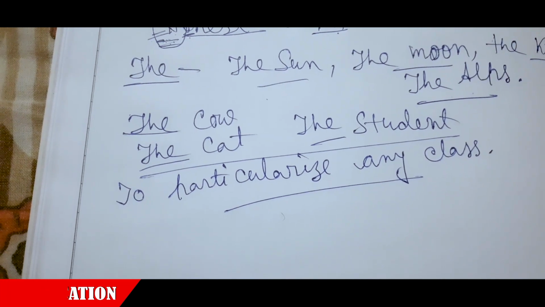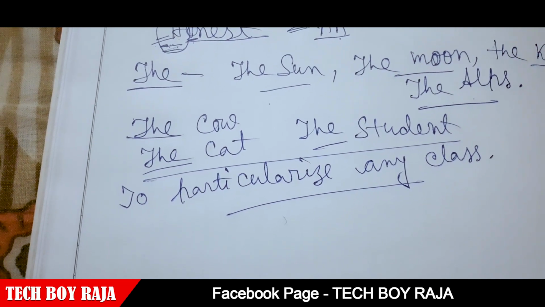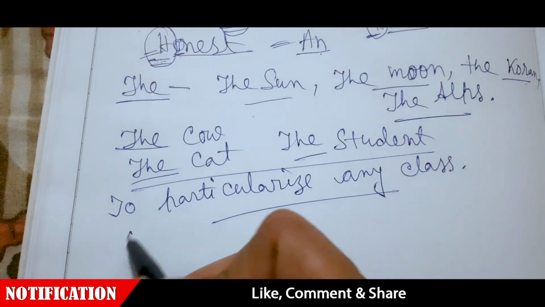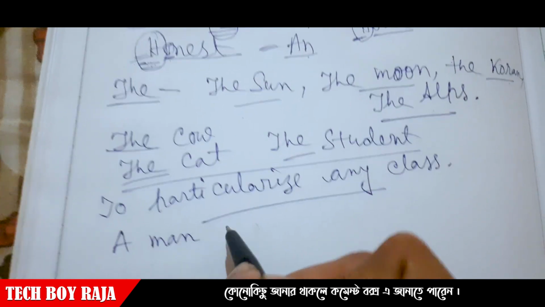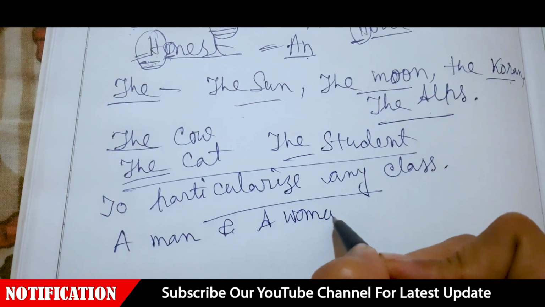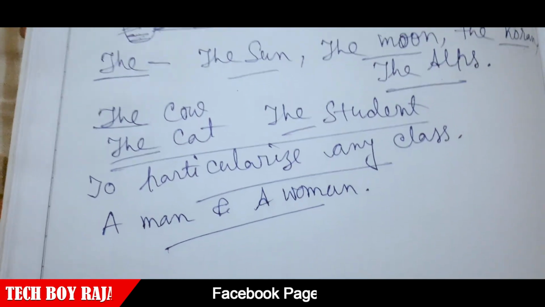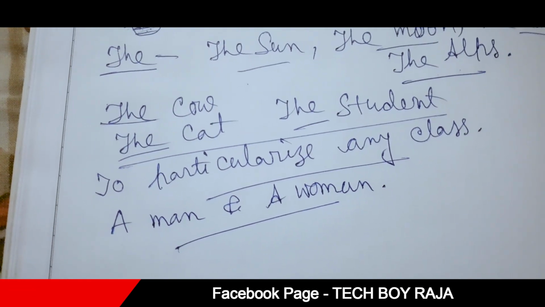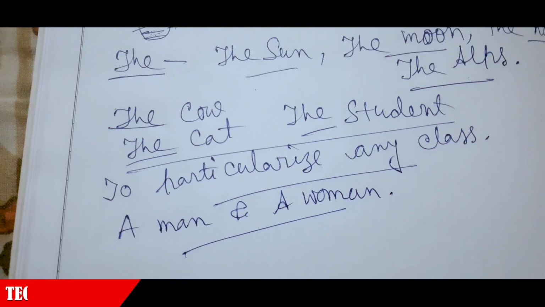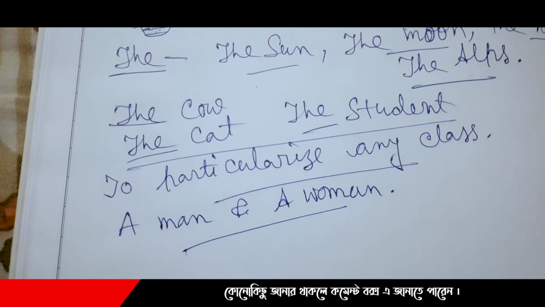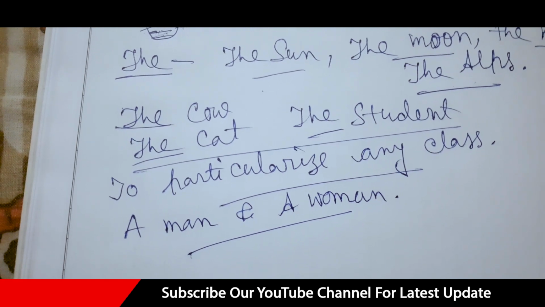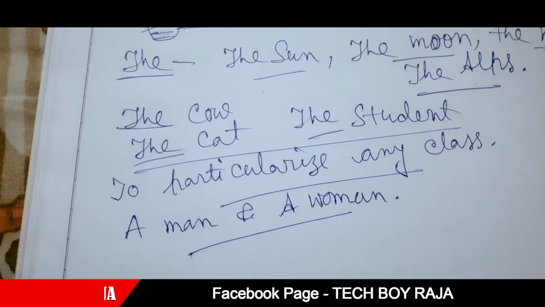Now if we are particularizing them as one number, that time it can be a man and a woman. Okay, and then before proper nouns regarding any place, no kind of particularizing is needed, so there also no need to use the definite article.